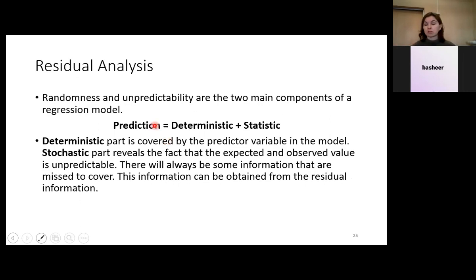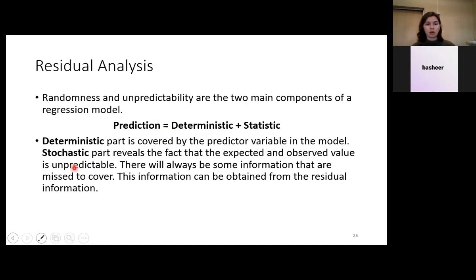And as for residuals, the question from you was how to understand if this model is suitable, whether you have a linear dependency or not. As you remember, the prediction consists of a deterministic part, which we may express in the regression line, and some stochastic or statistical part.